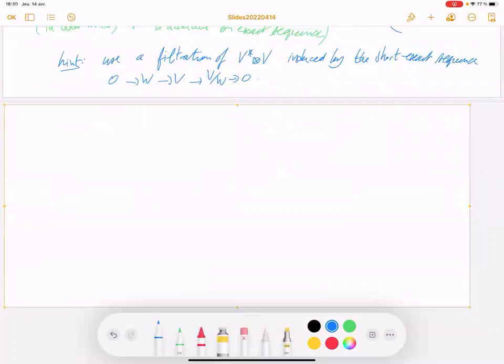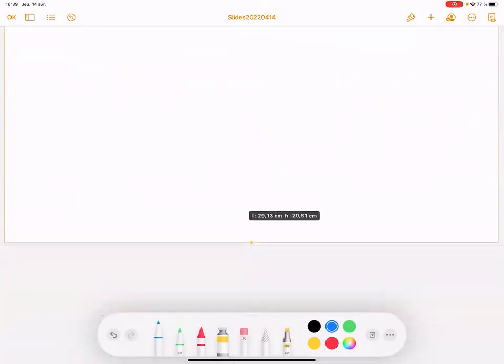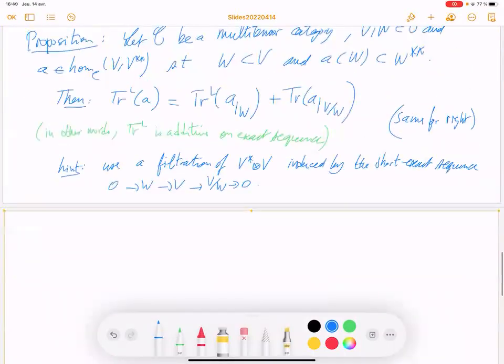But if you want to do this exercise, you can. So the exercise: prove it. The idea is full.